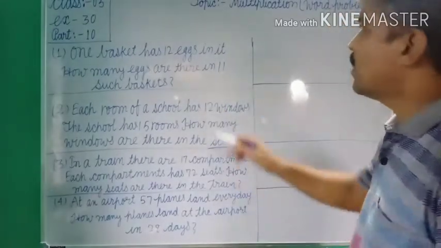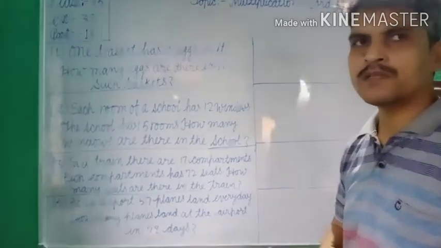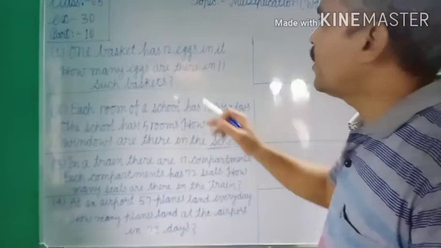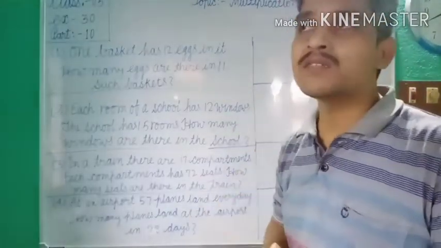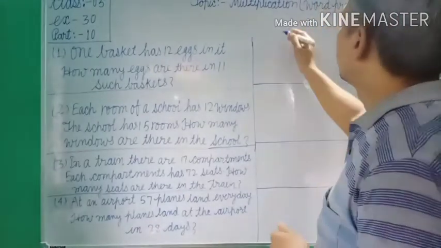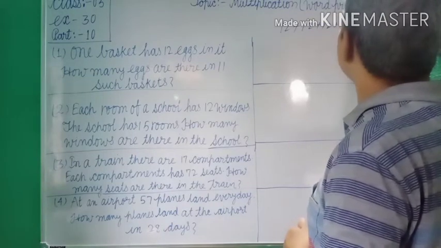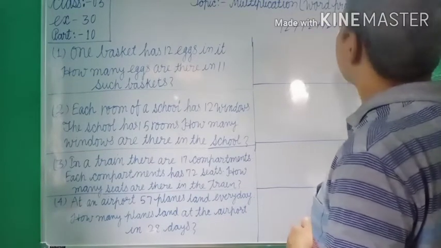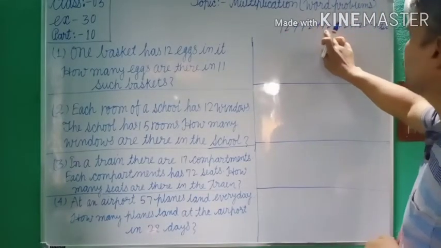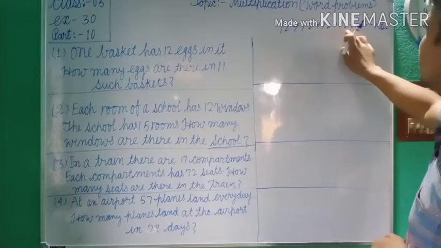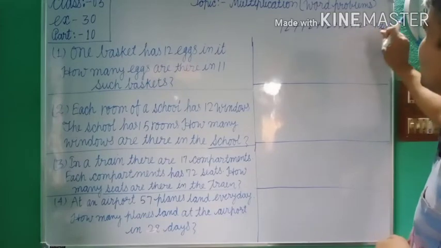Suppose one basket has 12 eggs. How many eggs in 11 baskets? You think that when one basket has 12 eggs, then 11 baskets have more eggs. 12 plus 12 plus 12, 11 times, because there are 12 eggs in each basket, such as 11 baskets.